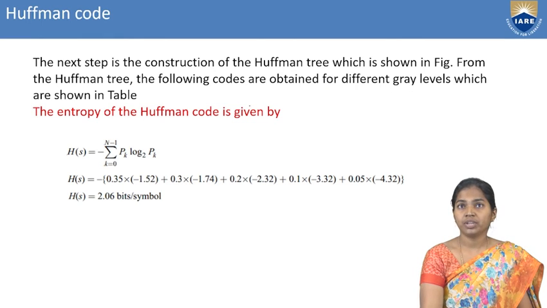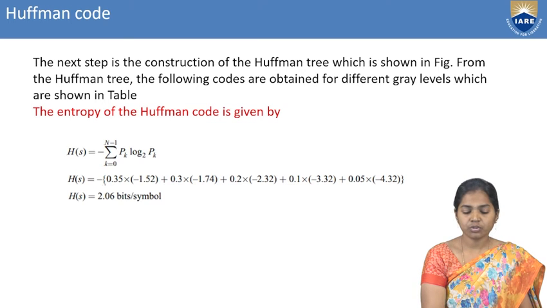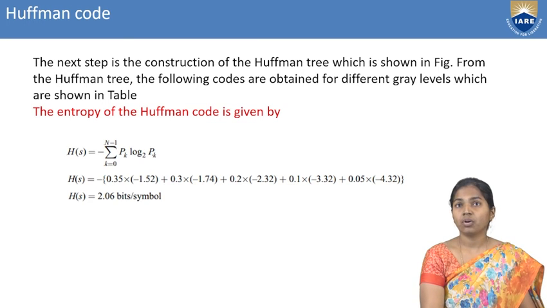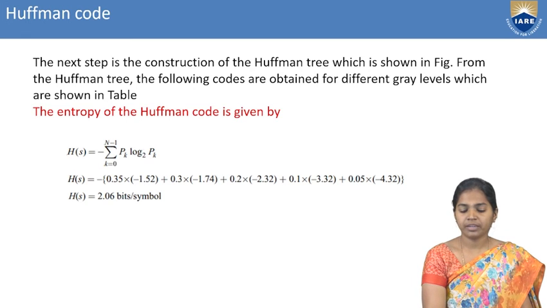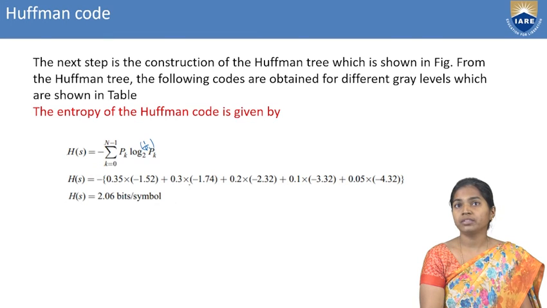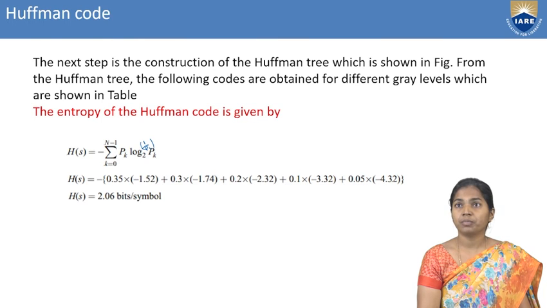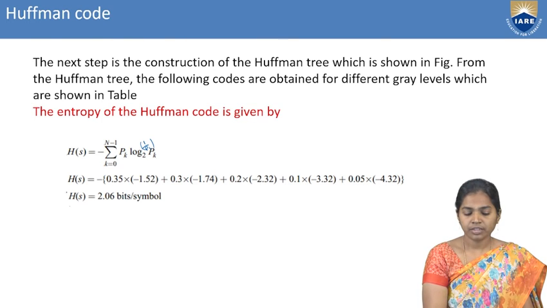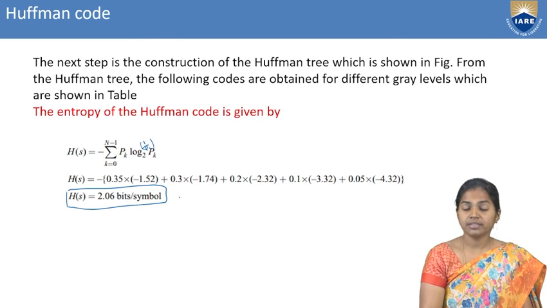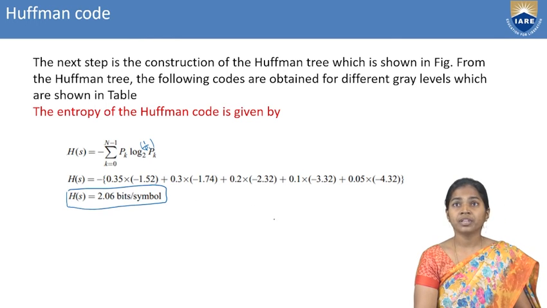Here it is 0.35 into log2 1 by pk, which is minus 1.52, plus 0.3 into minus 1.74, and 0.2 into minus 2.32, plus 0.1 into minus 3.32, and 0.05 into minus 4.32. Then the entropy of the Huffman code is 2.06 bits per symbol.